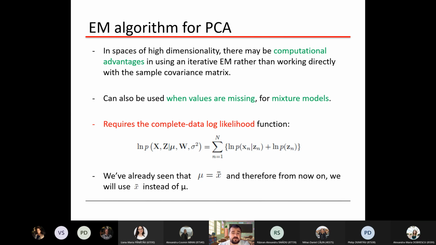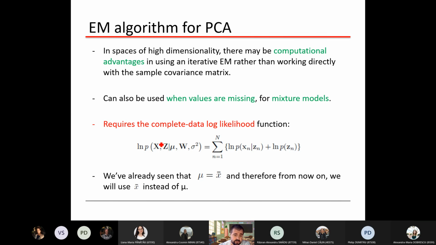It is advantageous from the computational point of view because it's iterative and we're not working directly with the covariance matrix. It can also be used when some values are missing or for mixtures of models. But in order to work with it, as you saw last time, it needs the complete data log likelihood.